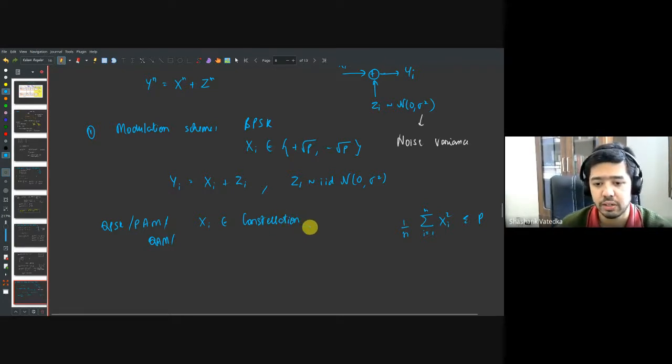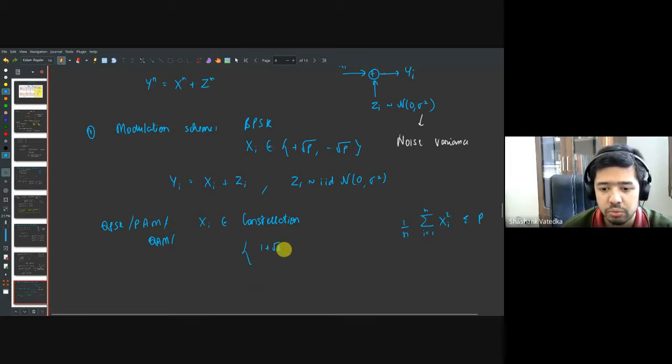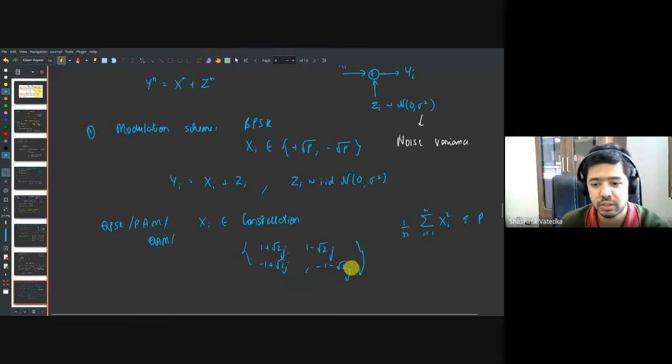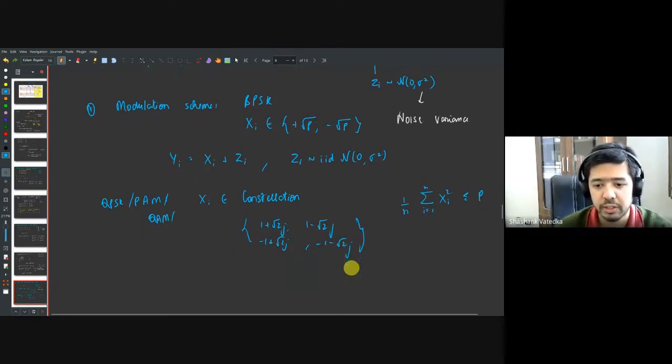So for example, it could be 1 plus root 2j, 1 minus root 2j, minus 1 plus root 2j, and minus 1 minus root 2j. Again this is just an example. So xi can take one of these four values.